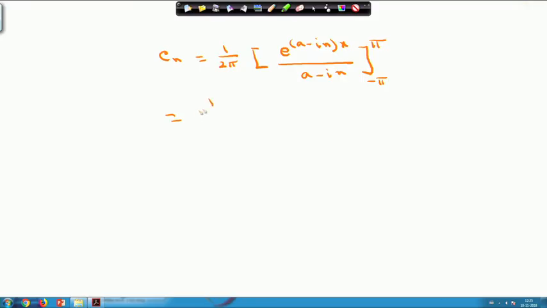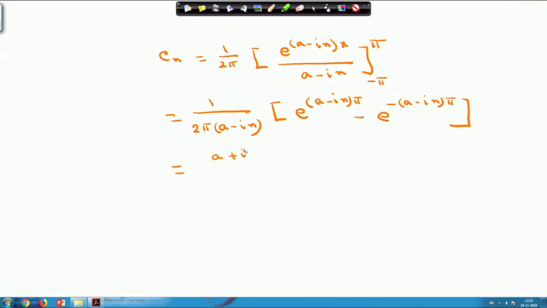So that will be equal to 1/(2π(a − i n)) times (e^((a − i n)π) − e^(−(a − i n)π)). Now, using the earlier cases, this you can write as (a + i n)/(2π(a² + n²)), and e^(aπ) you can take common.